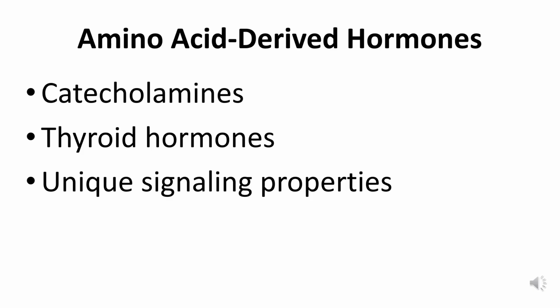Some create rapid reactions, while others regulate long-term body functions. Amino acid-derived hormones are essential for maintaining balance in the body. They help people respond to stress, maintain energy, and support normal growth and metabolism. Without them, the body would struggle to adapt and function properly every day.